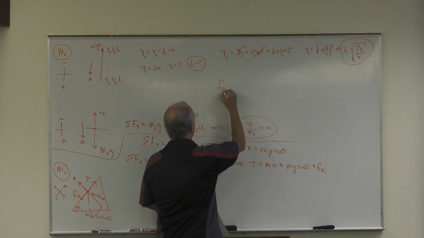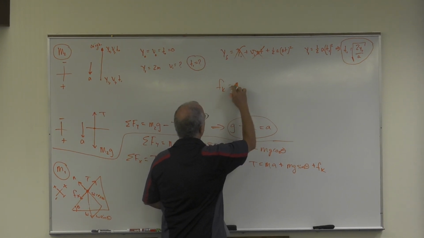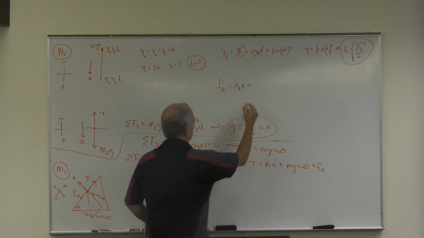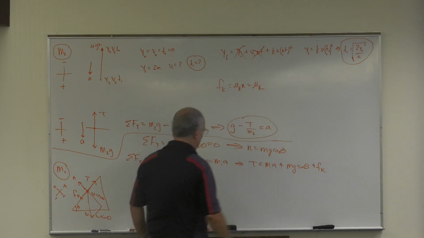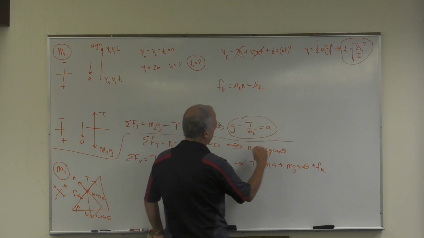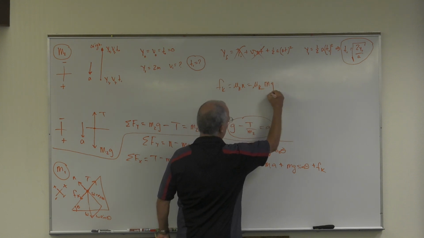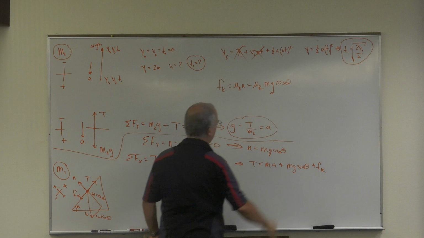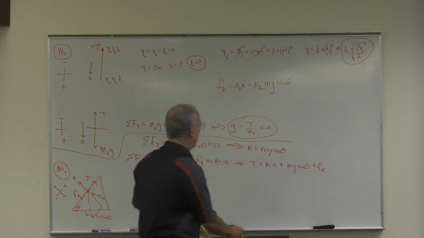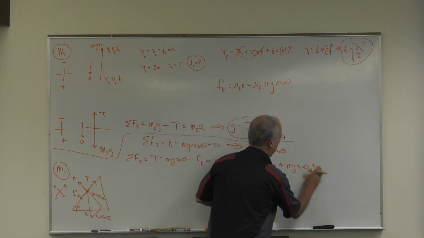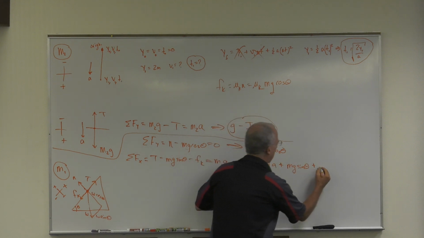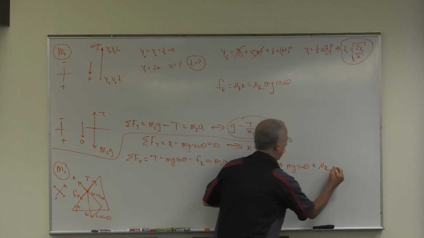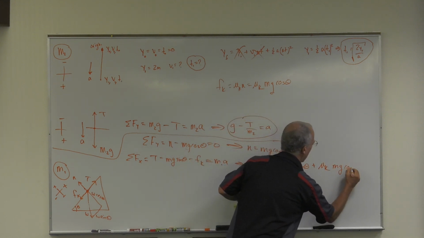So fk is mu k N. Well, so that's mu k. Where's our normal? Right here. So it's mu k mg cos theta. Okay, so we got to substitute that. So we have mu k mg cos theta.